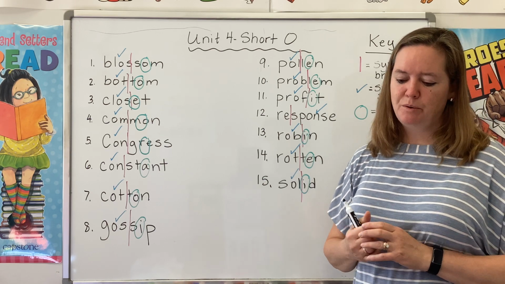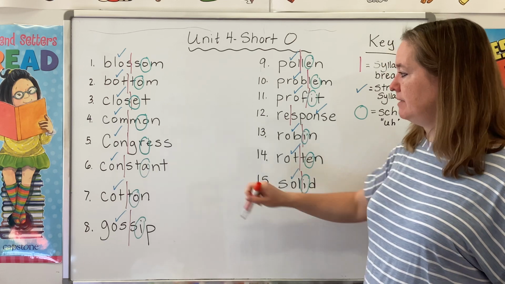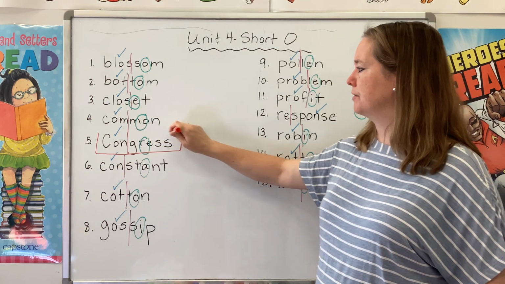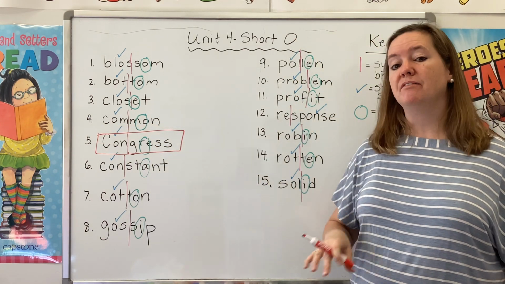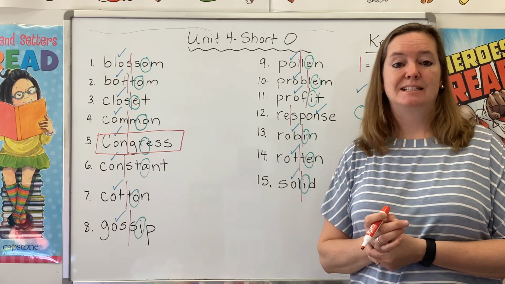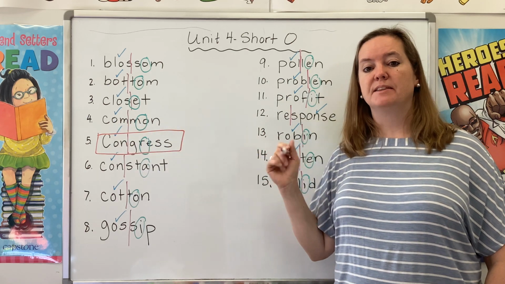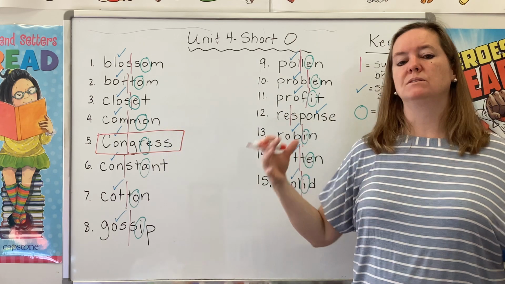Okay, so now I want to draw your attention to this word right here. The word Congress. What does Congress have that none of the other words have this week? An uppercase letter at the beginning, right? That uppercase letter tells us that this is a proper noun. We're not just talking about any old Congress.